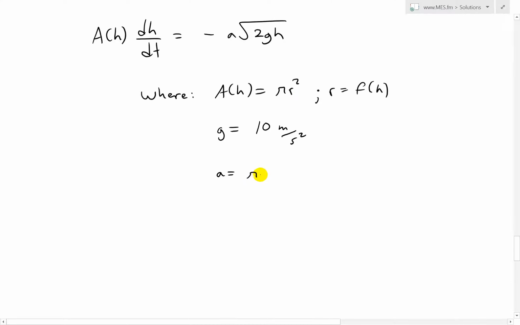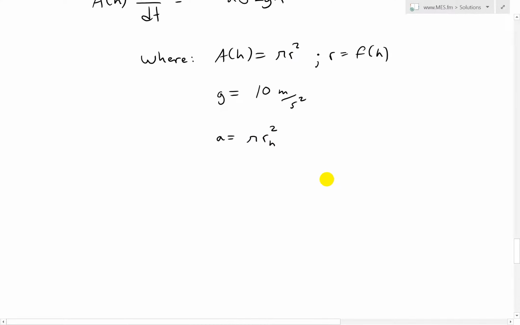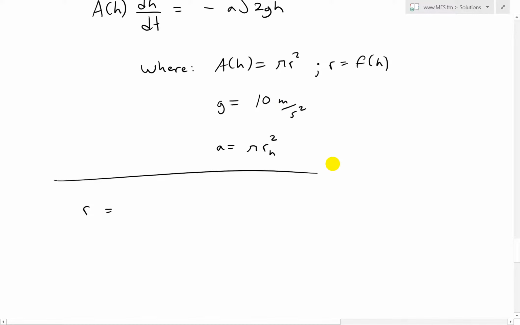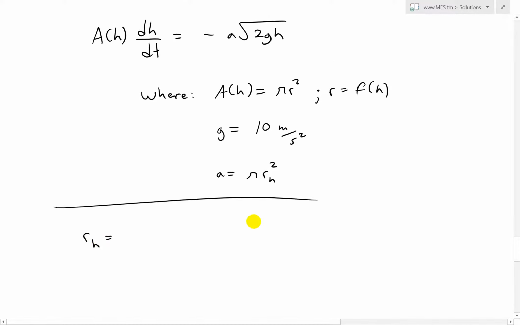So we have the radius r_h squared right here, but it's in centimeters. We need to change that into meters. So the area of that little hole is pi r_h squared, where r_h is equal to, let's convert the units because we're dealing with meters and seconds everywhere, and the radius of the tank is 2 meters.